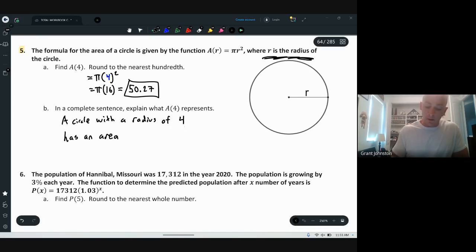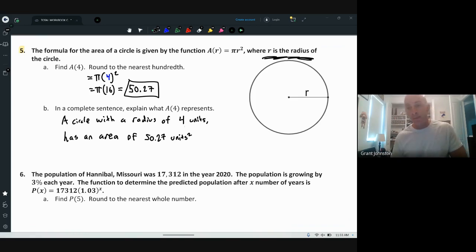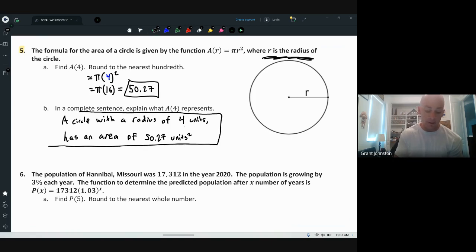I'm just going to say a radius of 4 units has an area of 50.27 units squared. Because remember, the units on a two-dimensional area would be to the second power. So that's how I would say this in a sentence.